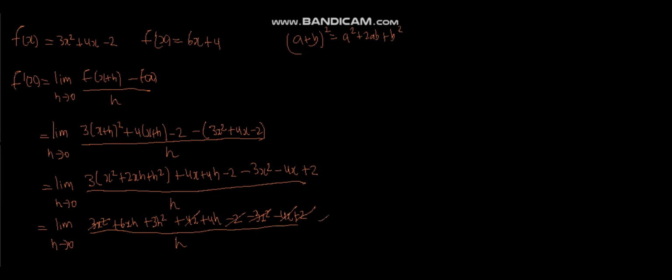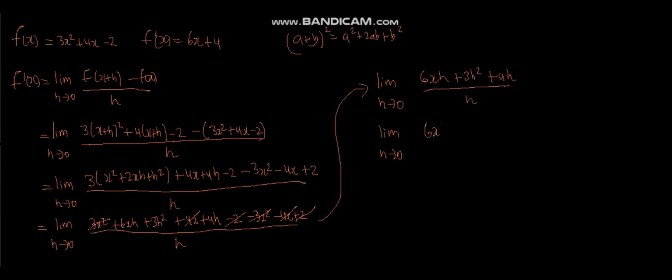So we would remain, currently working here, with the limit as h approaches 0 of 6xh plus 3h squared plus 4h all over h, which is the limit as h approaches 0 of 6xh all over h plus 3h squared all over h plus 4h over h.